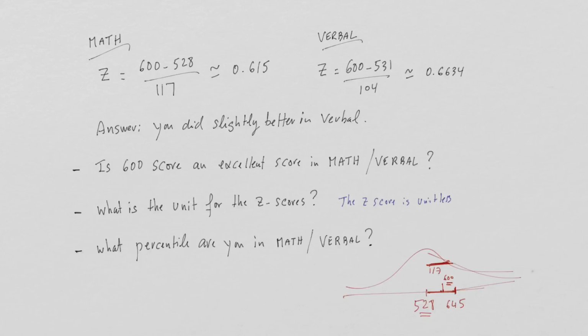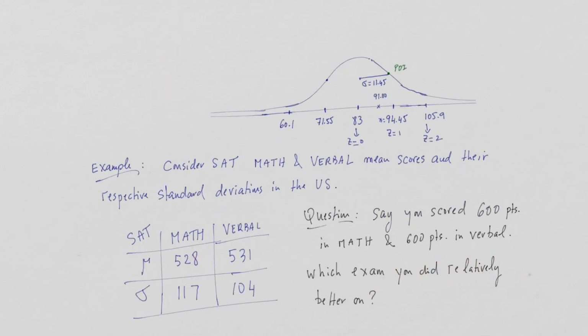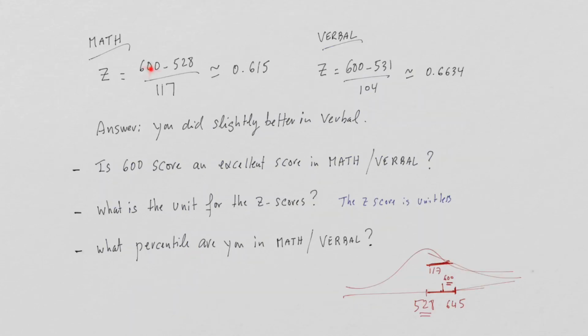Are you in the 50th percentile? You can't be in the 50th, because if you scored 600 and the mean is 600, that's fine. But the mean is 528 and you scored 600, so you're definitely above the 50th percentile. But what percentile is that? That's another question we will be able to answer when we discuss the normal distribution in detail.